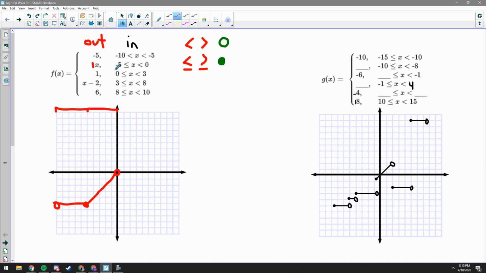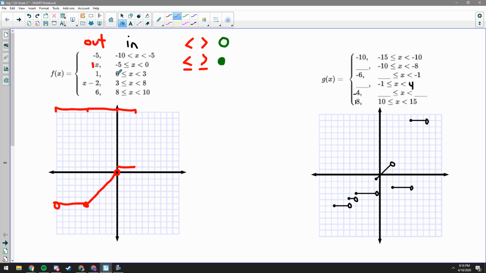All right. How about this next piece? If x is between 0 and 3, my output should be 1. So I need it between there and there. Now which ends need closed circles and open circles?